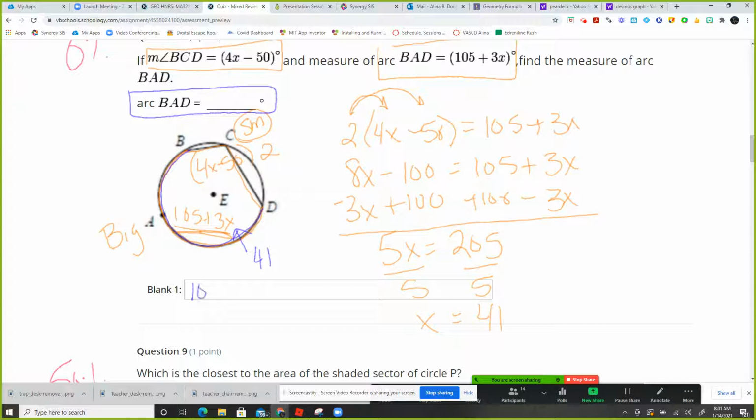So 105 plus 3 times 41. Did you get 228? Nice, Nasia. And that is in degrees. Arcs are measured in degrees. Sweet.